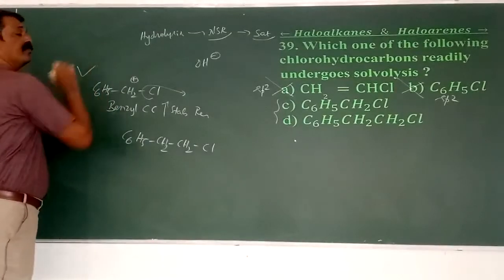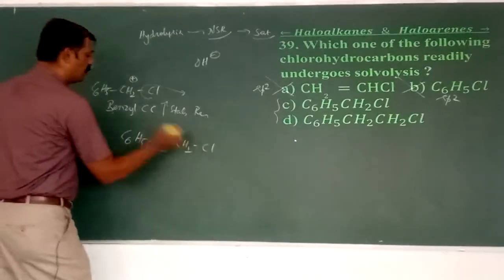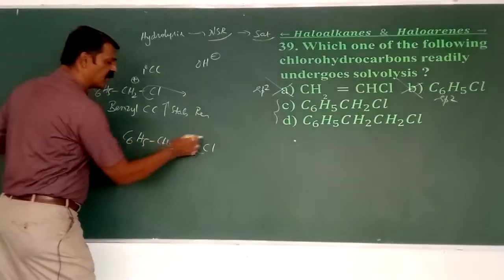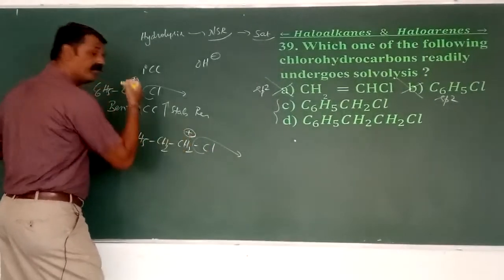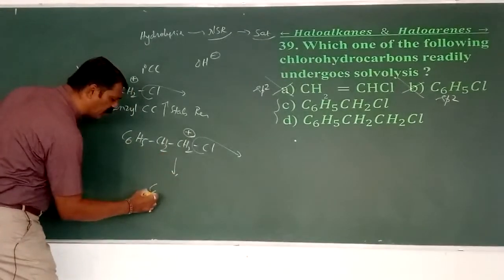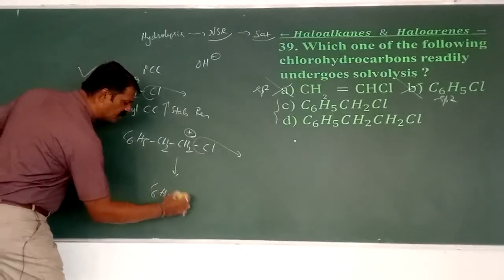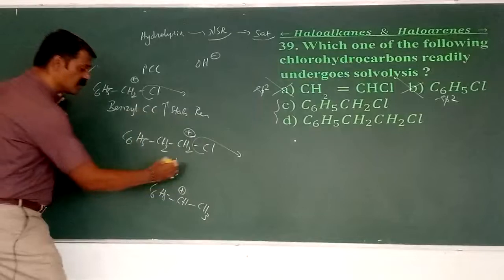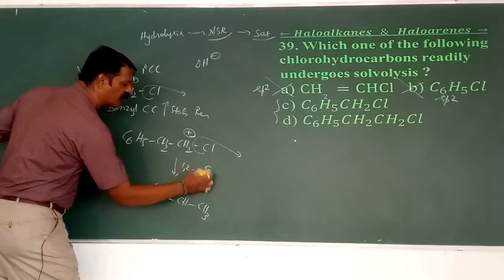Now here, this is a primary carbocation. If there is removal of Cl minus here, I am getting the carbocation. But here, this is converted into C6H5CH+CH3. Why? Because of a 1,2 hydride shift.